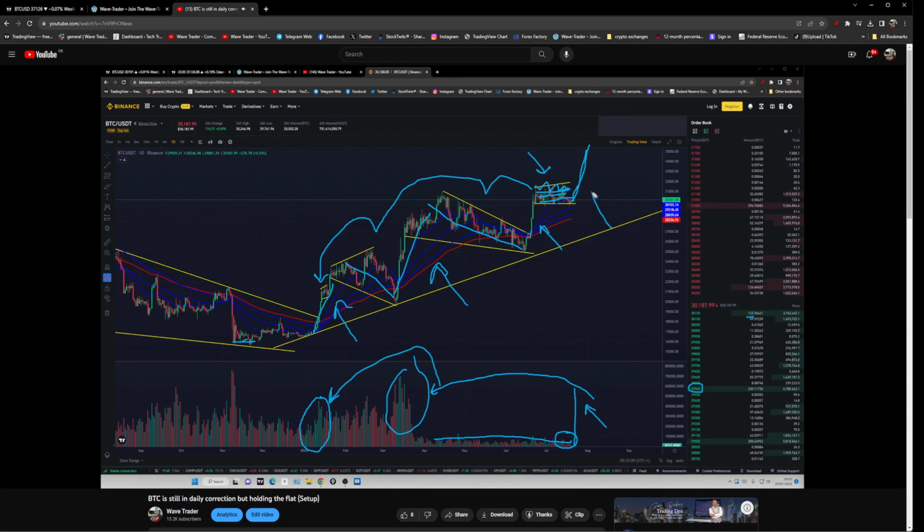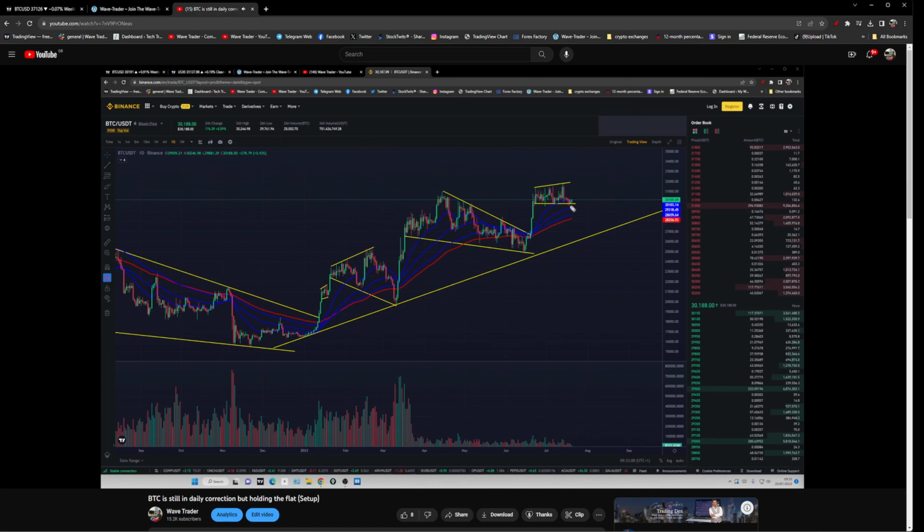That's what we are looking for: buyers to appear and break Bitcoin for more upside. We can see that the daily correction is just appearing, very much similar to these previous ones. So that's the bigger picture.